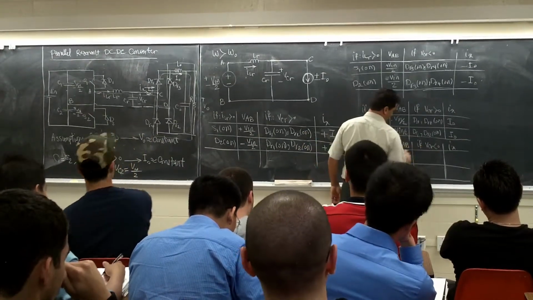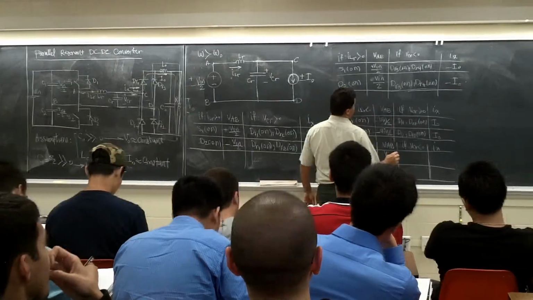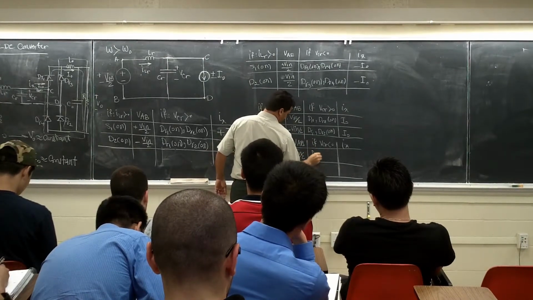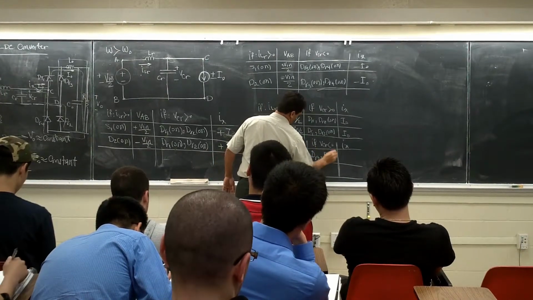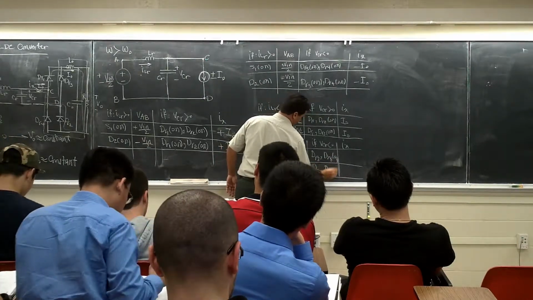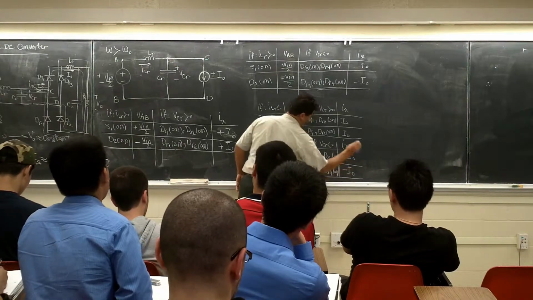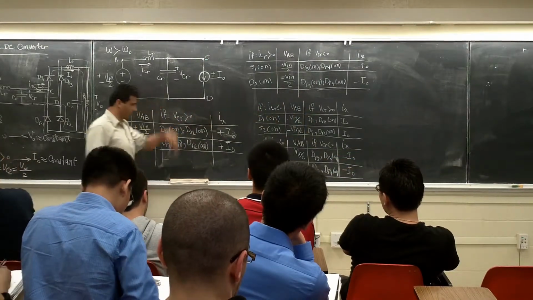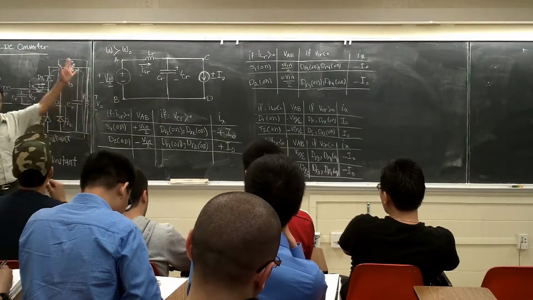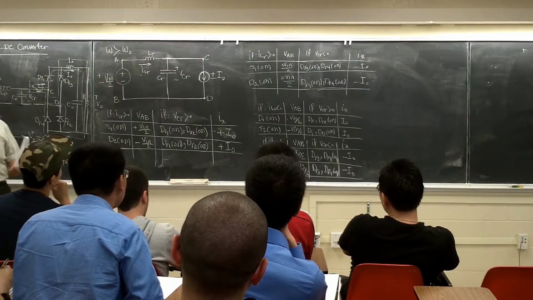If VCR is negative, DR3 and DR4 are on, and the current is minus I0, right? Now I'll summarize all these four tables in one graph, and we'll go over it to see how it looks.